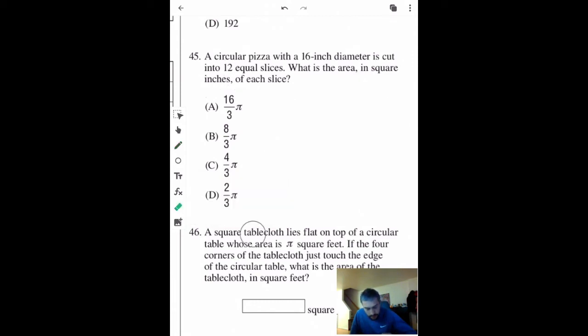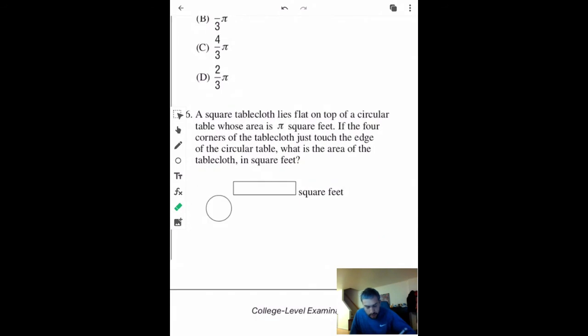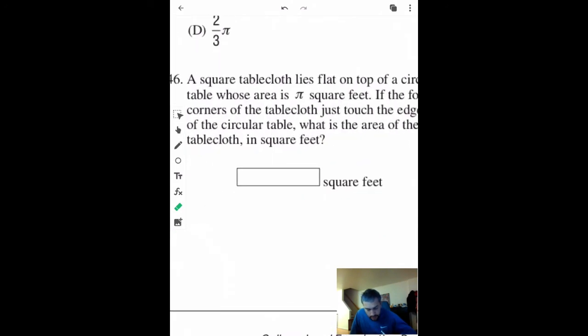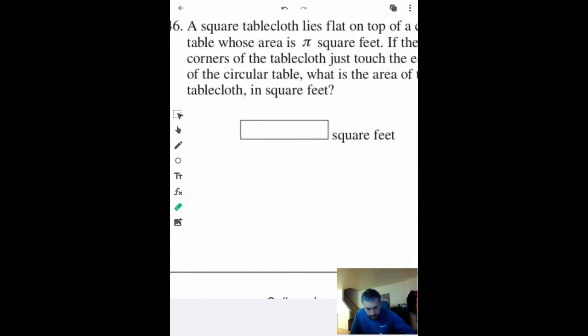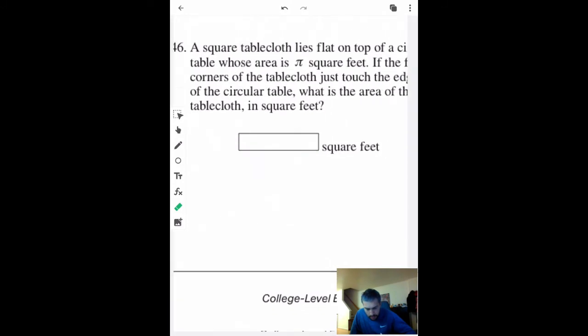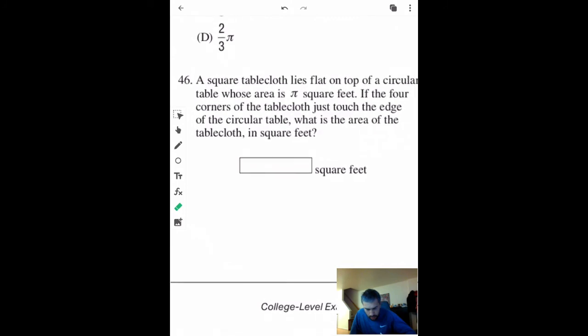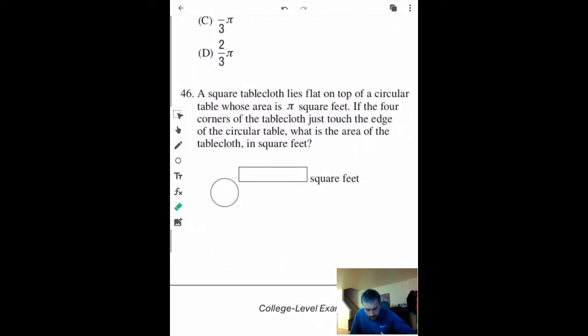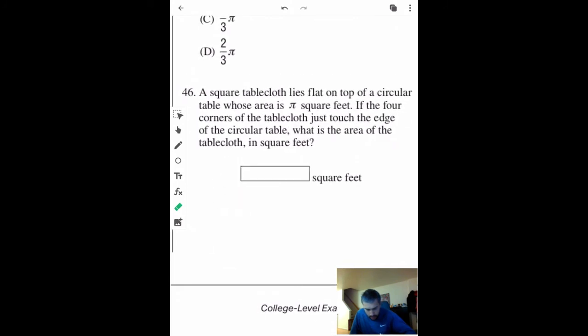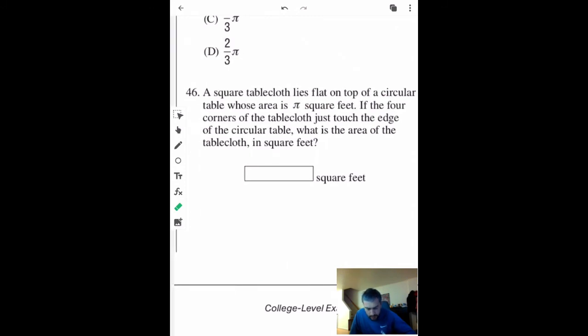Last but very not least, a square tablecloth lies flat on the top of a circular table whose area is pi square feet.